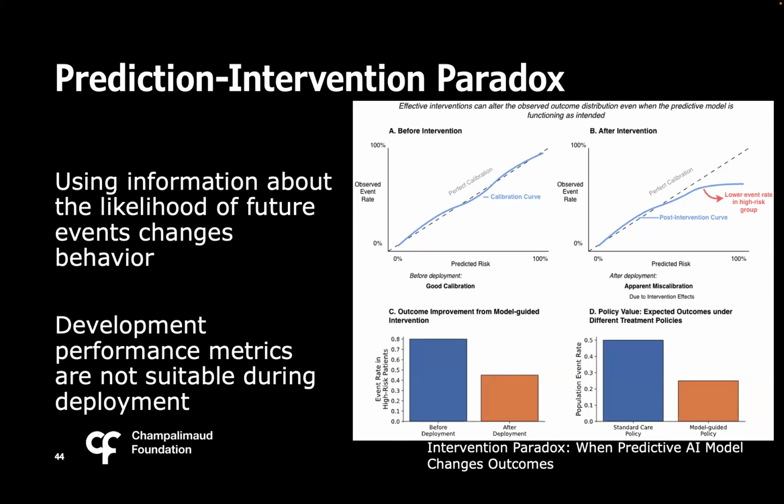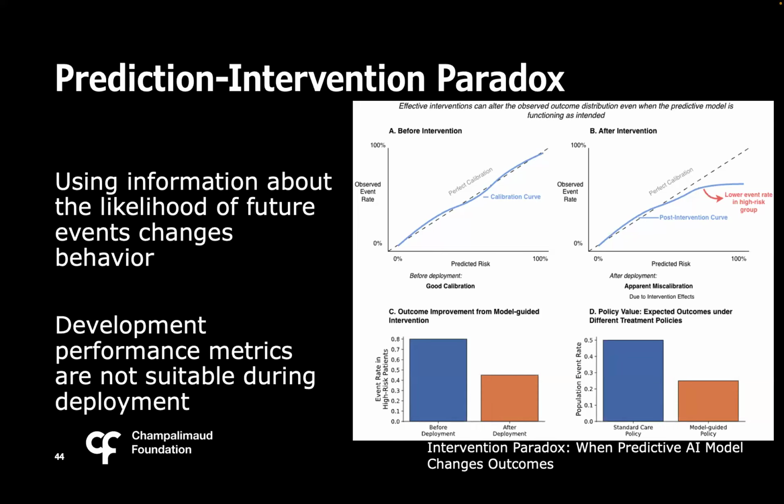So how can we verify that the model is still working? This is something that needs to be solved. One possibility is to look at the event rate in high-risk patients before and after treatment, and as long as it is lower than before deployment, this is something that can be used.